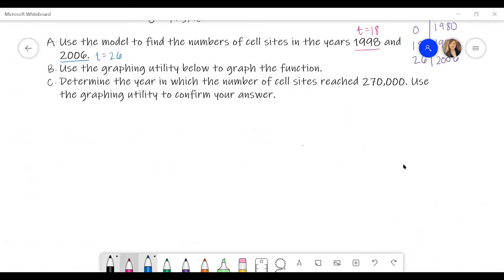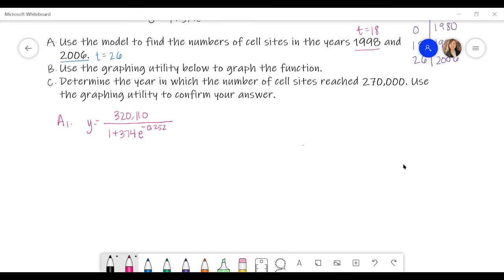So our equation, let's call this A1. We're looking at Y is equal to 320,110 divided by 1 plus 374e to the negative 0.252t.